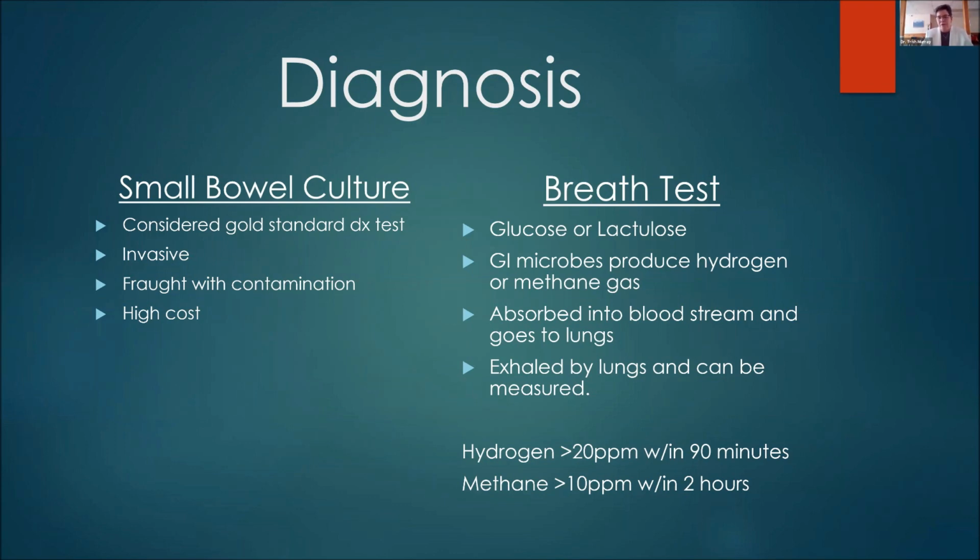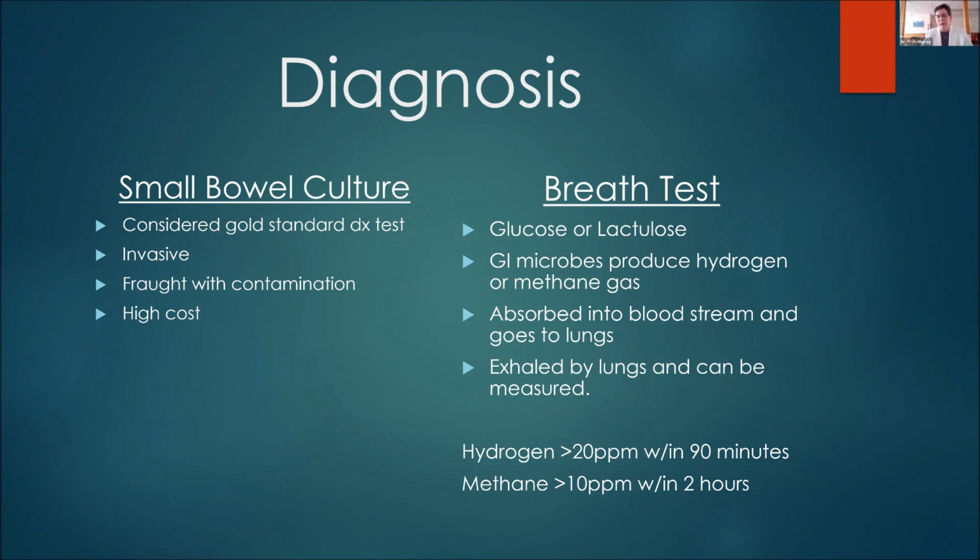So you can see it's fraught with possible contamination, but it is considered the gold standard test to diagnose SIBO. You get an actual sample of material from the area you're trying to find out who lives there. That would be the gold standard.